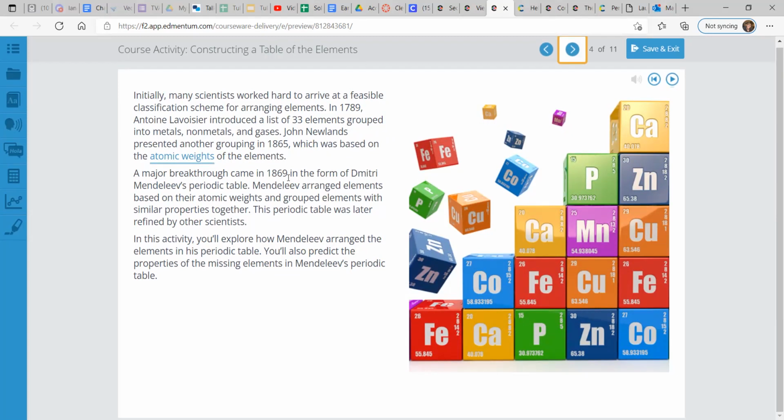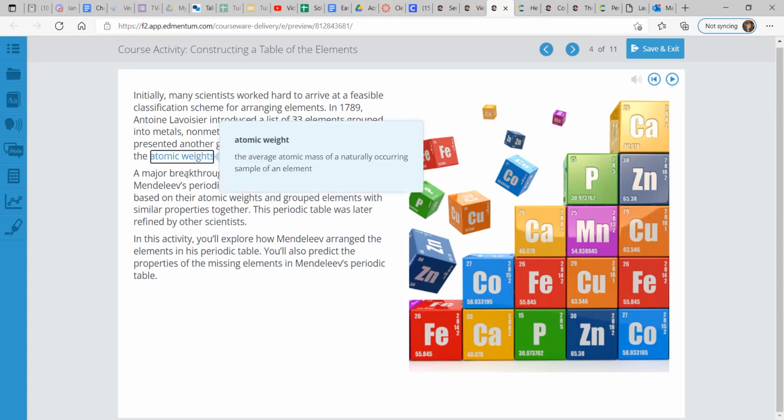In 1789, Antoine Lavoisier, a French scientist, introduced a list of 33 elements grouped into metals, nonmetals, and gases. John Newlands, about 80 years or so later, presented another grouping which was based on the atomic weights of the elements.